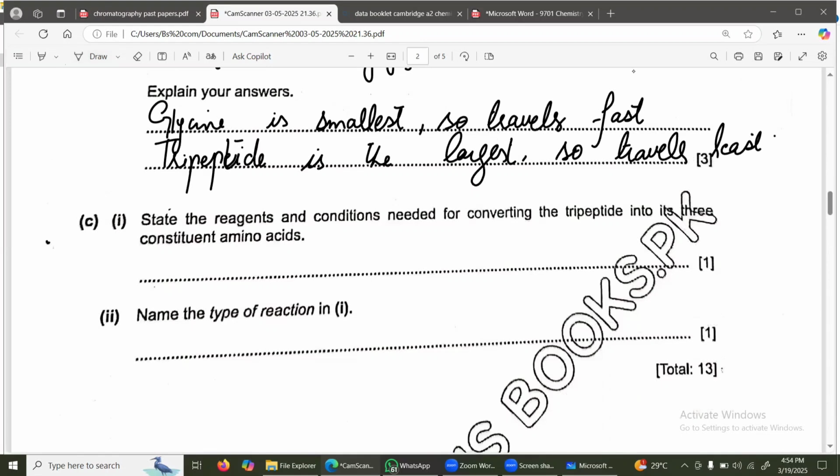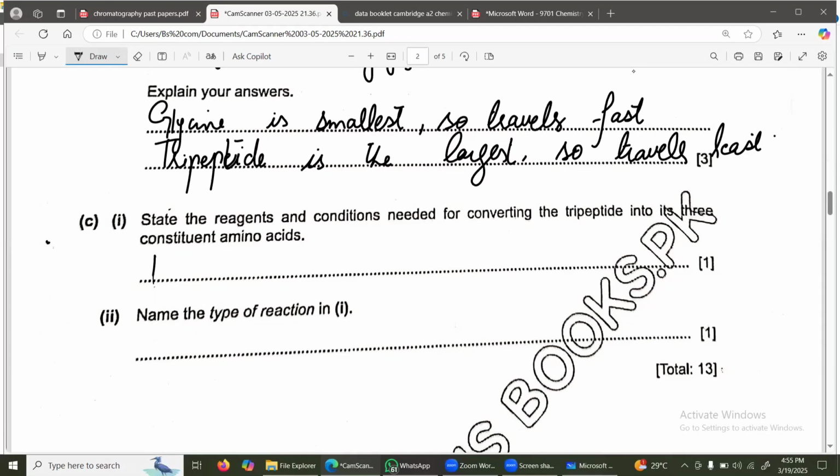State the reagents and conditions that are needed for converting the tripeptide into three constituent amino acids. Obviously, we will hydrolyze them. Through hydrolysis, in acidic or basic medium, we can break the peptide bond and convert it into the constituent amino acids.